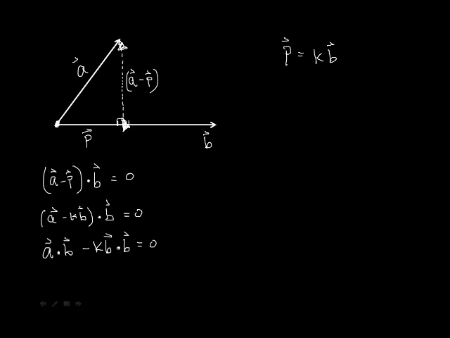Now if I bring the negative K B dot B to the other side, I get A dot B equals K times B dot B. But we remember that B dot B is really just the magnitude of B squared.